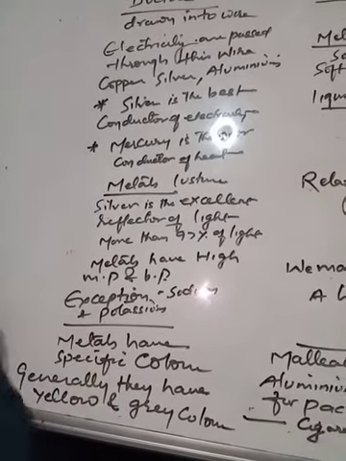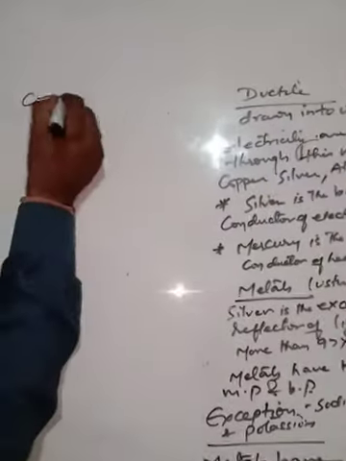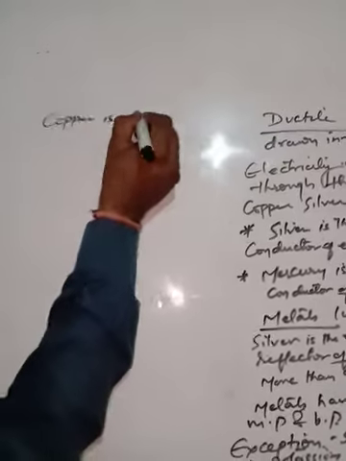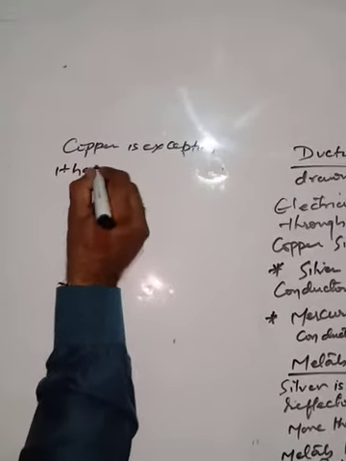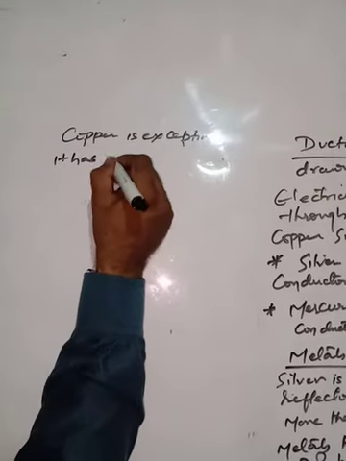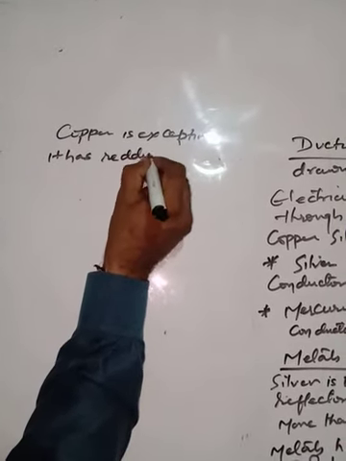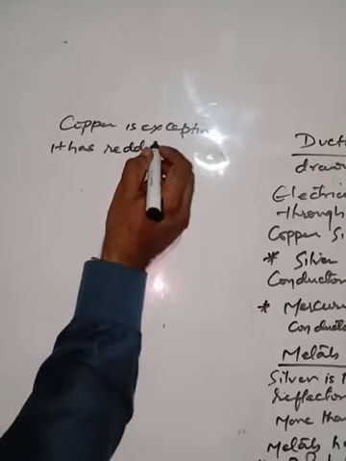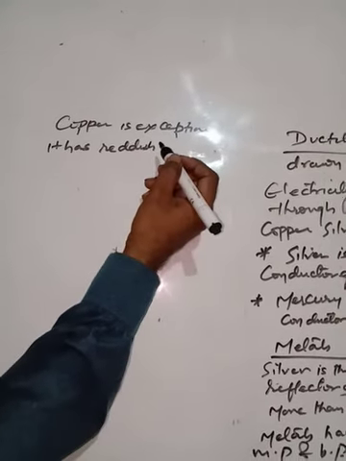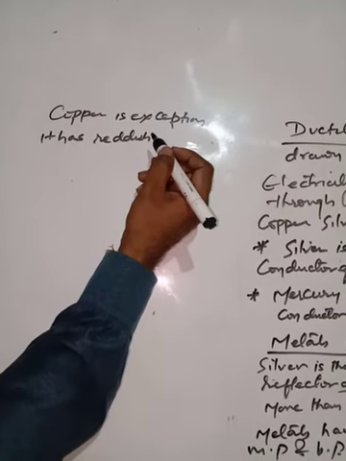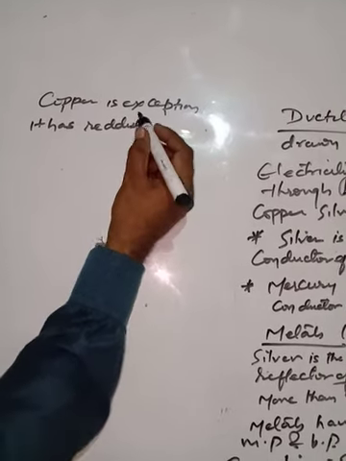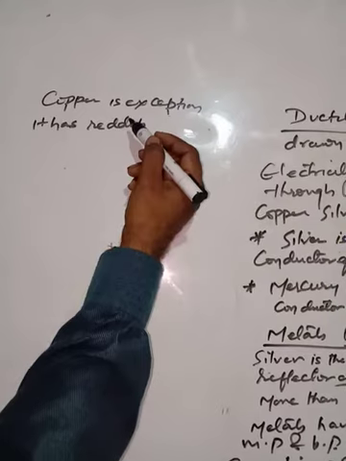Copper is an exception. Which color does it have? Reddish. It has a reddish color. Gold has yellow color, silver has white color. So these are the properties which we observe in the metals.